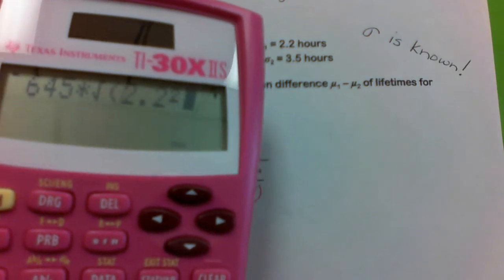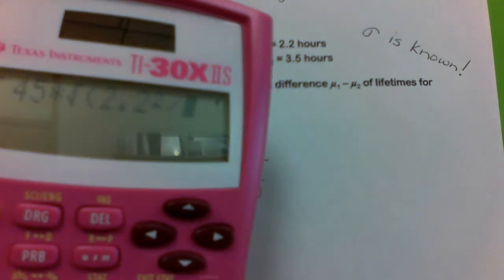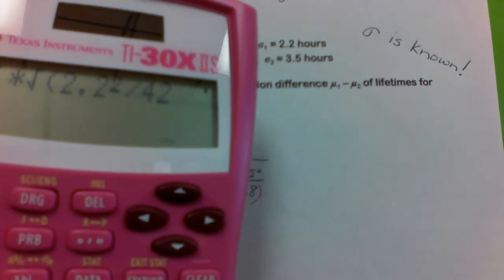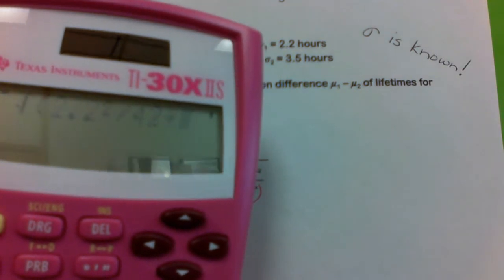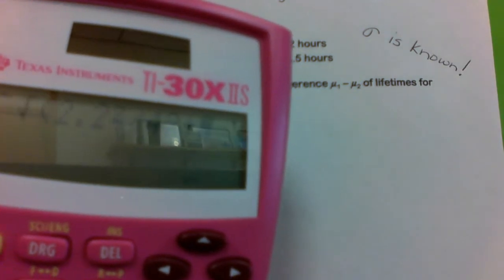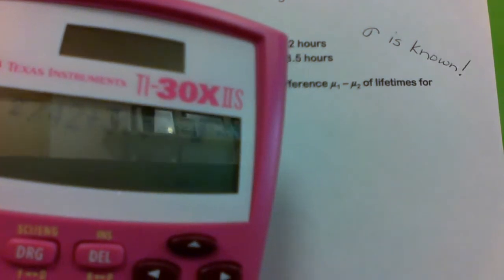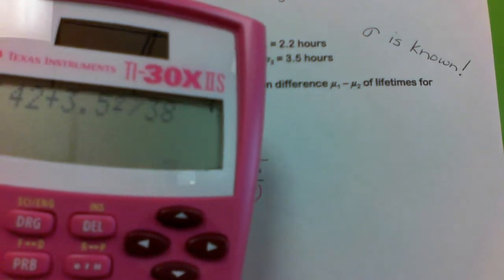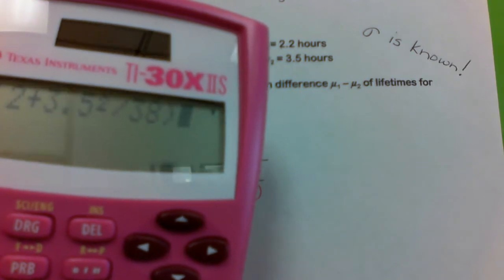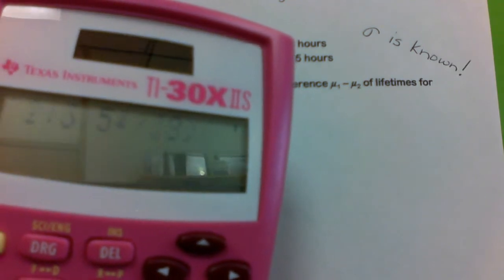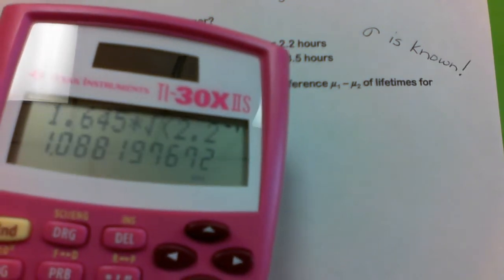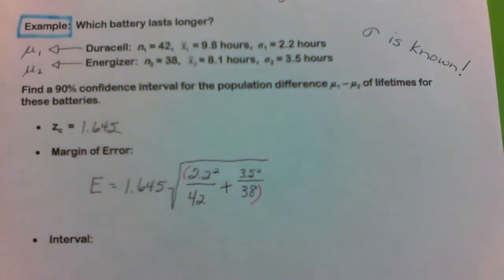Don't close the parenthesis, just go ahead and put divided by 42 plus 3.5 x squared divided by 38. Now close your parenthesis and push equals. And you get 1.088, or 1.09.